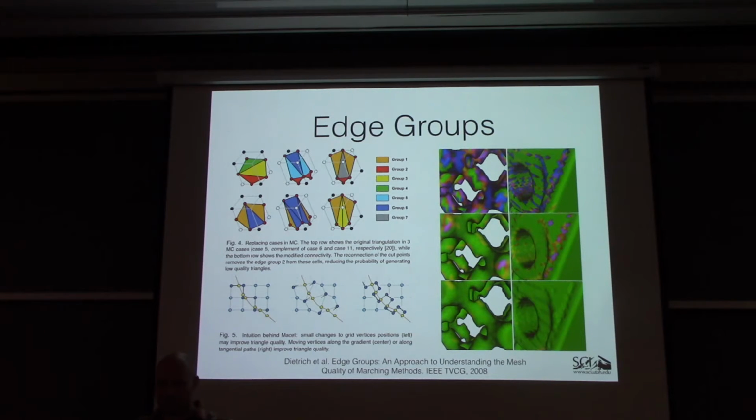In addition to papers that were fixing marching cubes, there were lots of papers analyzing how marching cubes behaved when you gave it real data sets. Most of these came out of the computational communities, and this continues to be a really active area of research. This Edge Groups paper is just one example.